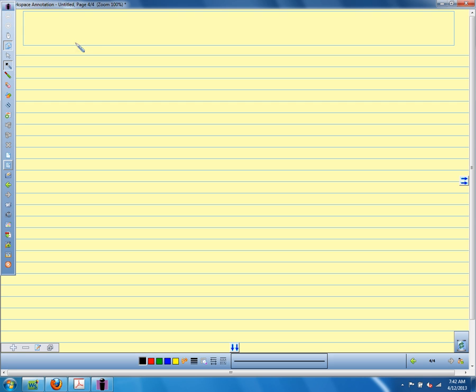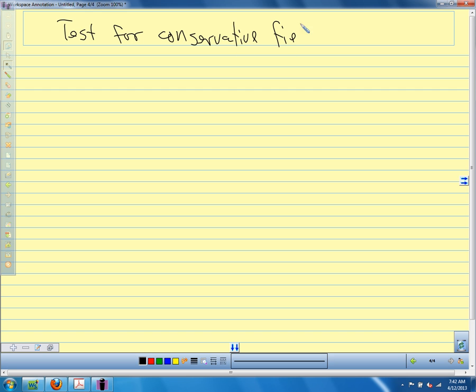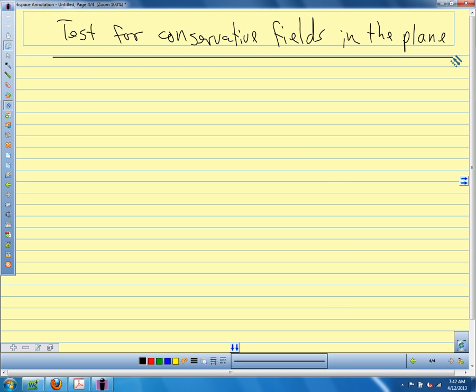We have a test that has to do with partial derivatives. And right now we're in the plane. We'll talk about space in just a minute. So our test for conservative fields in the plane.